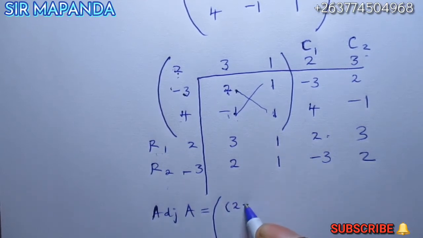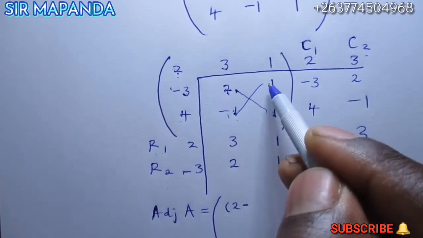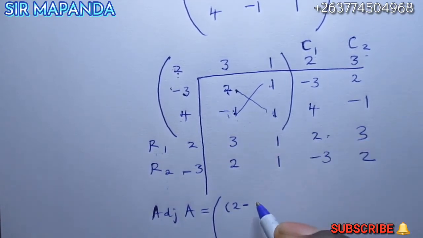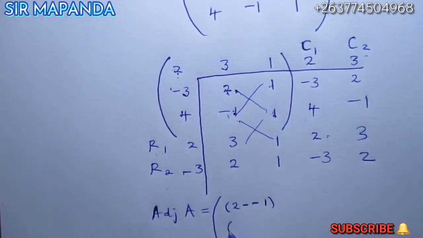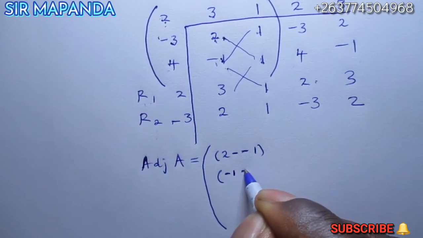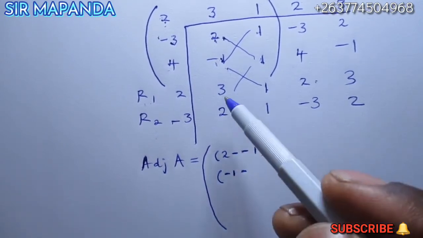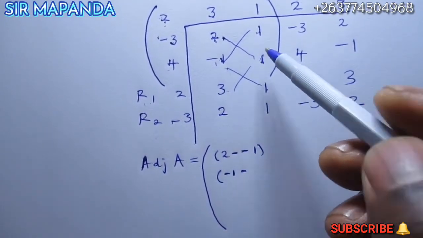Then I put a negative sign. Minus 1 times 1, what do you get? You get minus 1. Right? Then you come here. Minus 1 times 1, you get minus 1. Right? Then you put a negative sign so that you multiply the second diagonal. 3 times 1, you get 3.